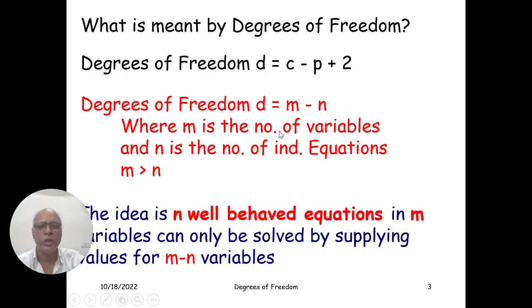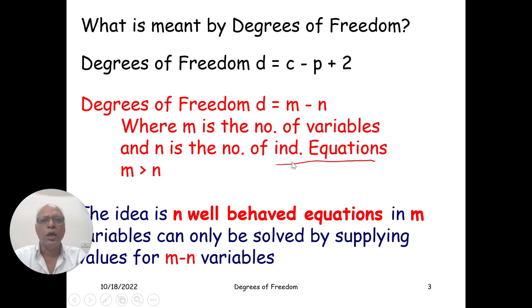Remember, in this definition, you have to consider all the variables involved in a problem, whether they are dependent or independent, whereas N is going to represent only the number of independent equations. Please make this very, very clear.